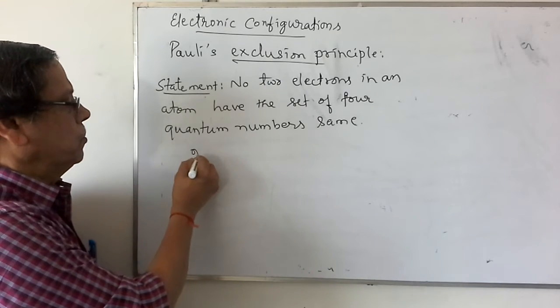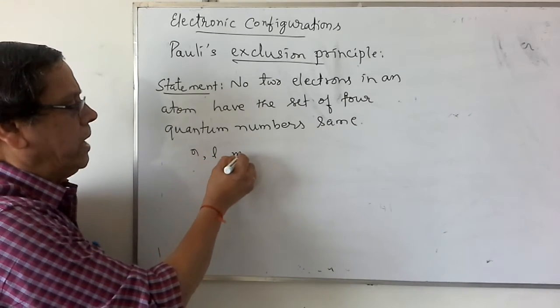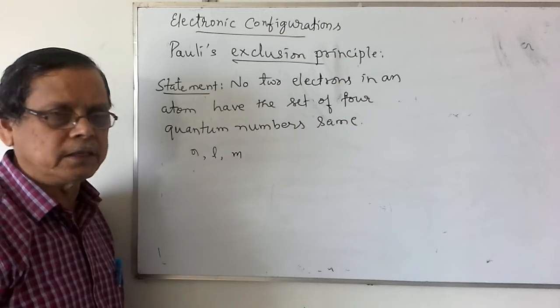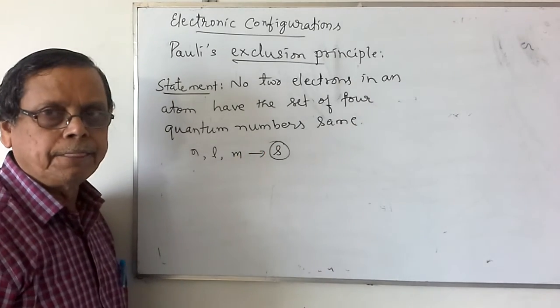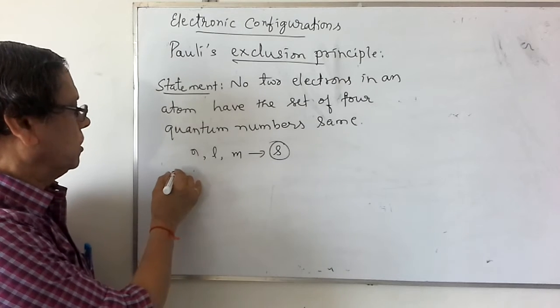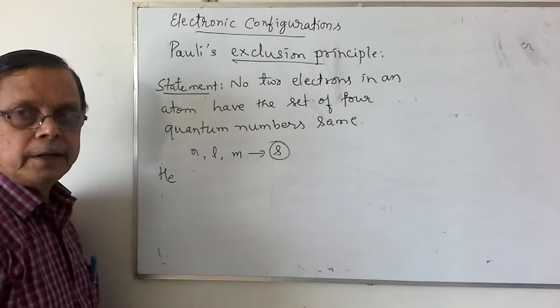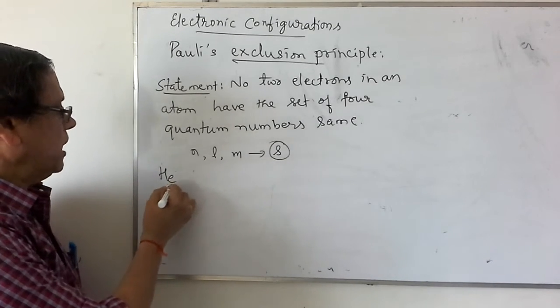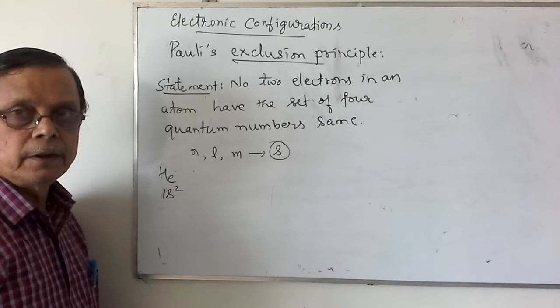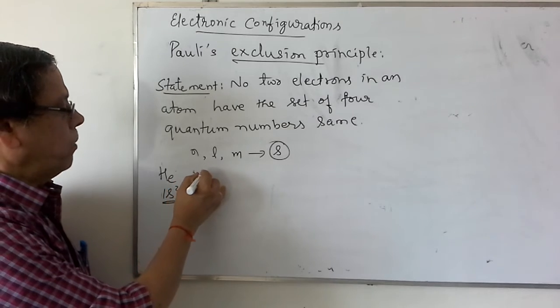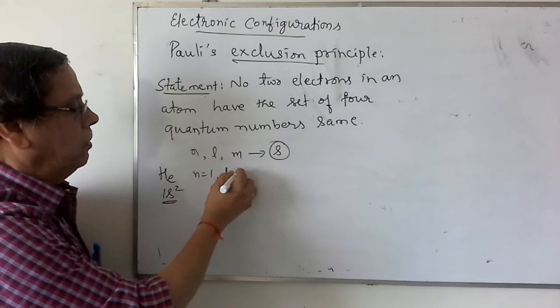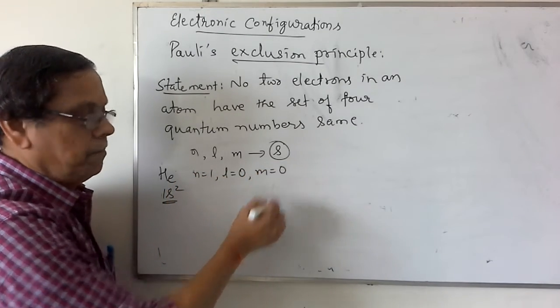If n value, l value and m value are same for the 2 electrons, then there must be difference in the s value. Say for example, for this helium atom, we write electronic configuration as 1s2. So for the first electron, we write n is equal to 1, l is equal to 0, m is equal to 0.